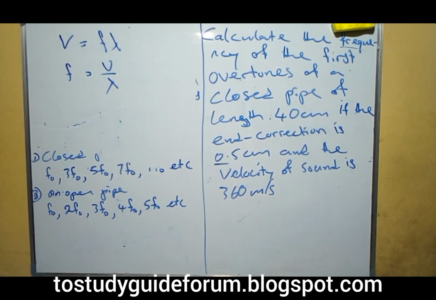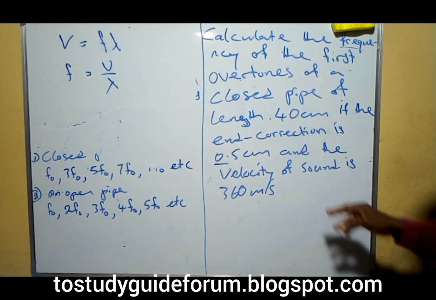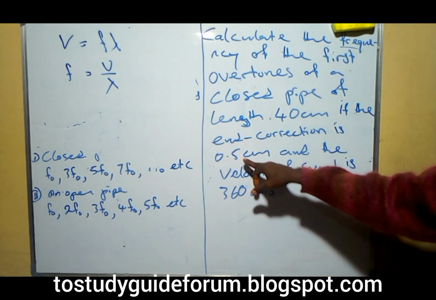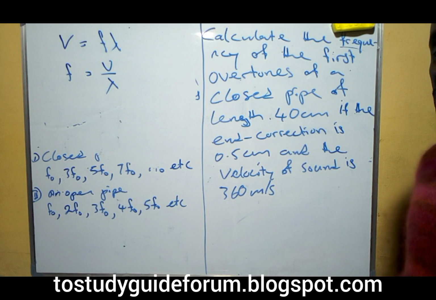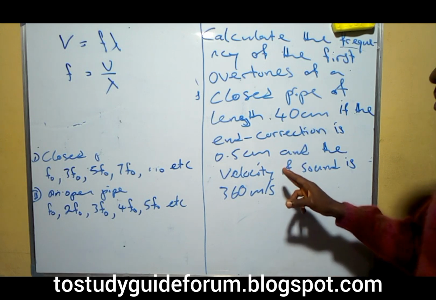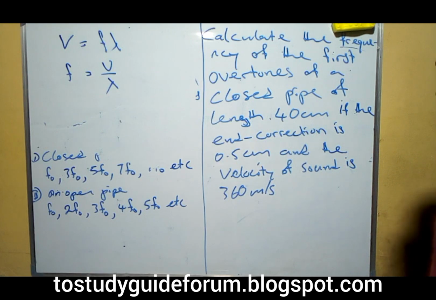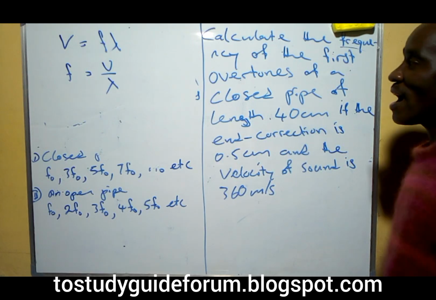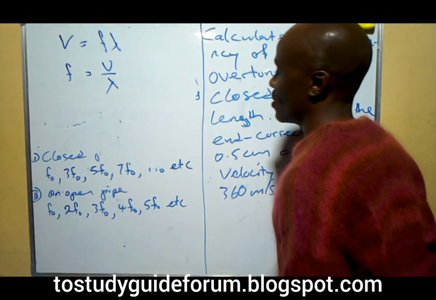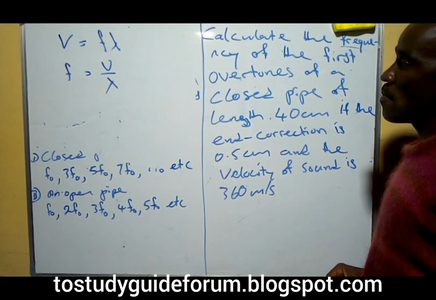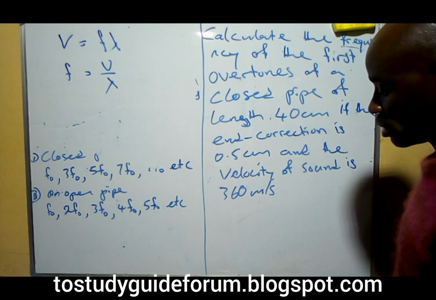We were given the end correction, 0.5 cm, and then 40 cm as the length. Where we have an end correction, it simply means that for us to calculate, we should also consider it.